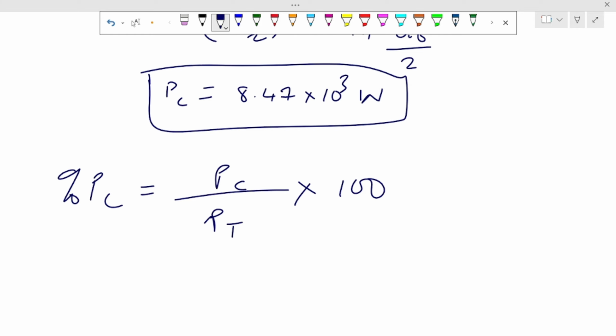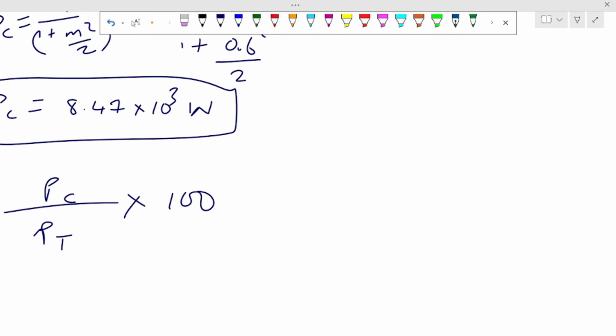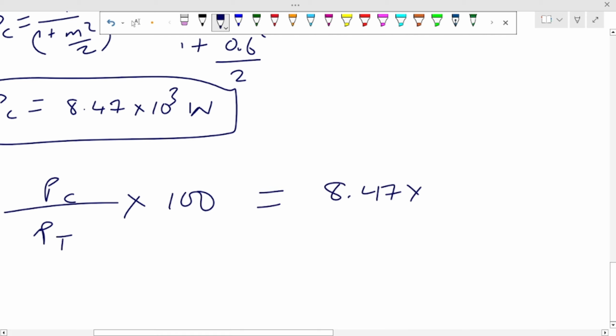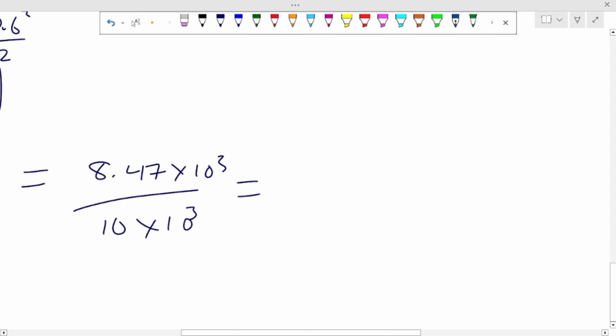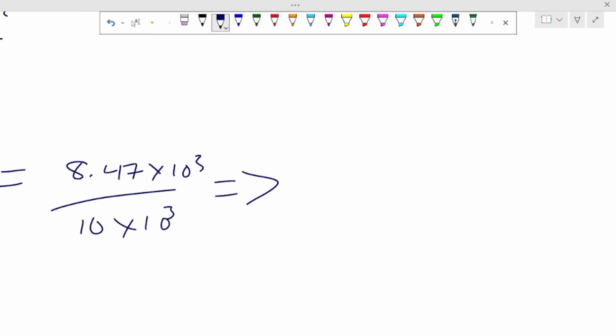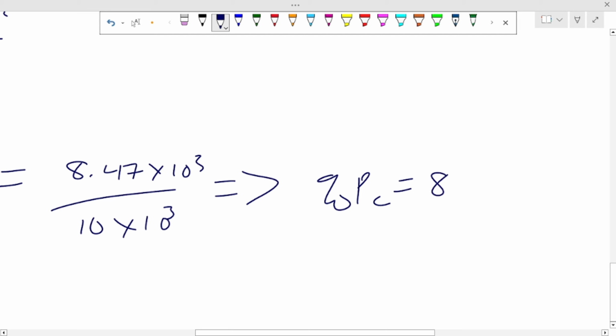And that will be 8.47 times 10 to the power 3 over the total, which is equal to 84.7 percent.